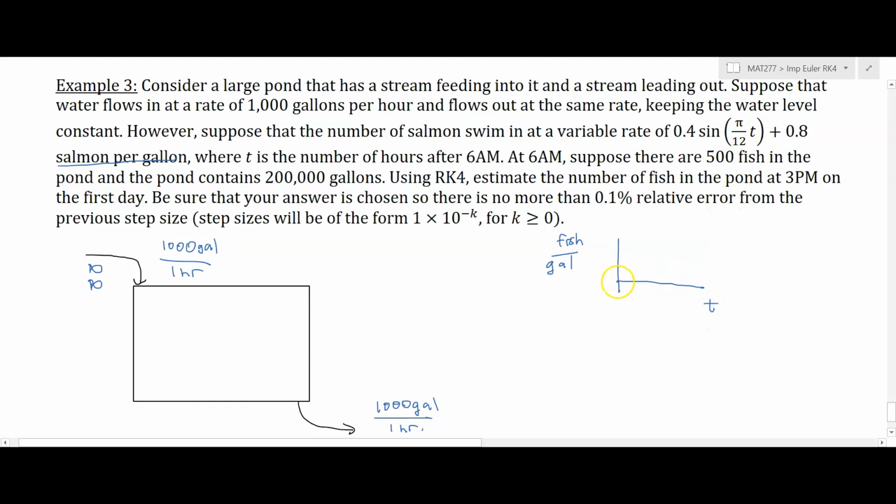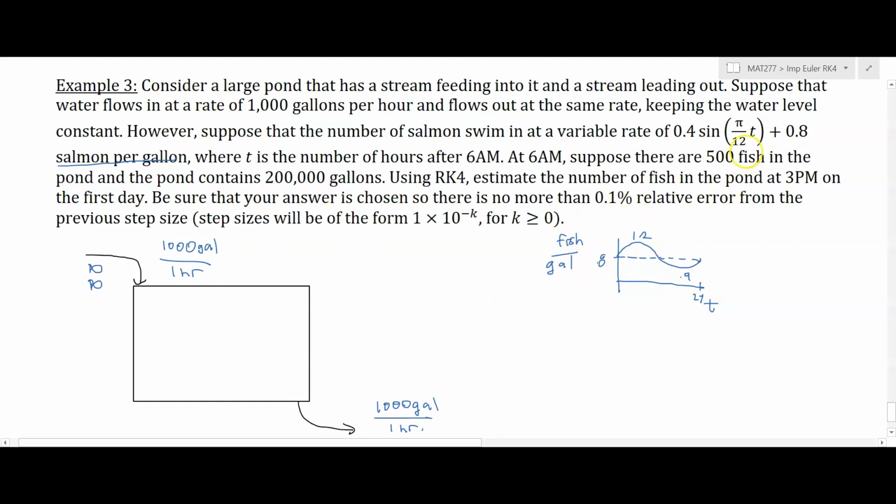We see that this will ensure that we have a center line of 0.8, and the number of salmon will fluctuate like this throughout the day. In fact, after a 24-hour period, it'll complete one oscillation. And so it'll go as high as 1.2 and as low as 0.4 fish per gallon.